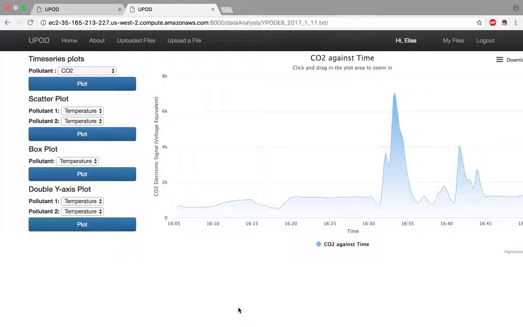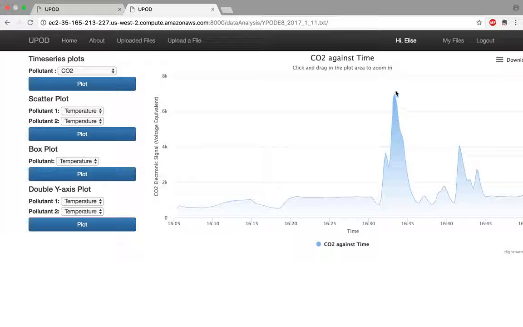So when you look at this first plot and see electronic signal, voltage equivalent, these are not concentration units. This is strictly just what the carbon dioxide sensor initially reads during your testing.